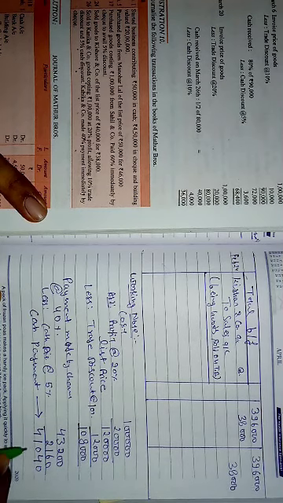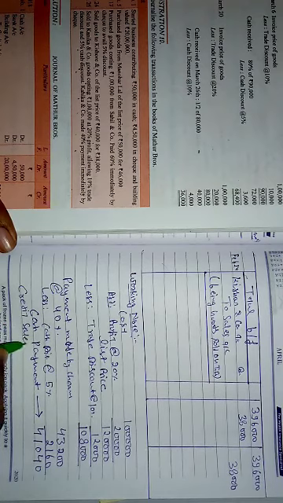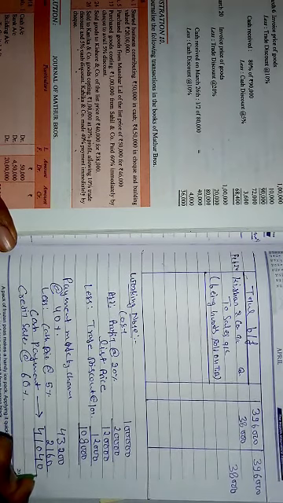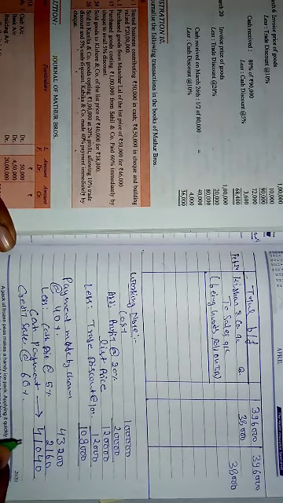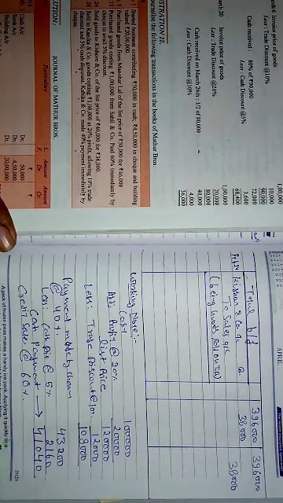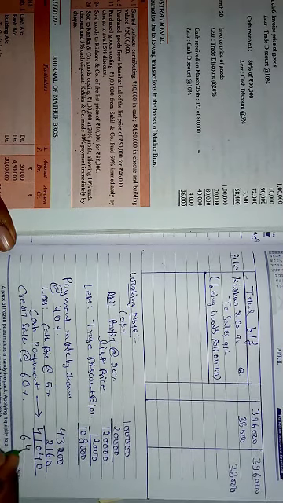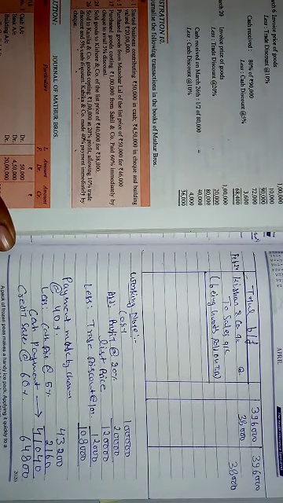Okay, cash payment made by check, and the credit sale at 60%. 60% of 1,08,000 is 64,800.